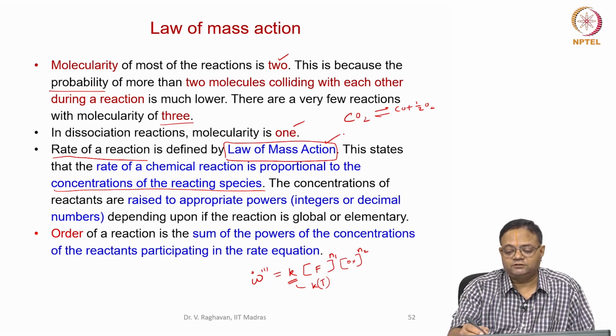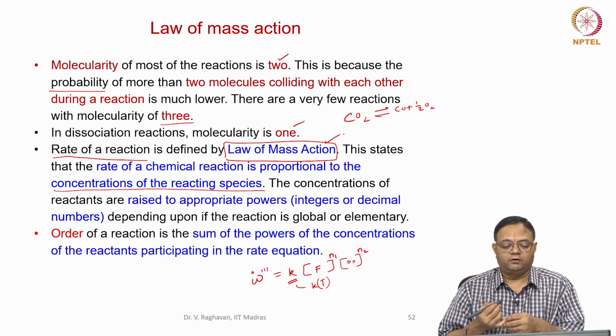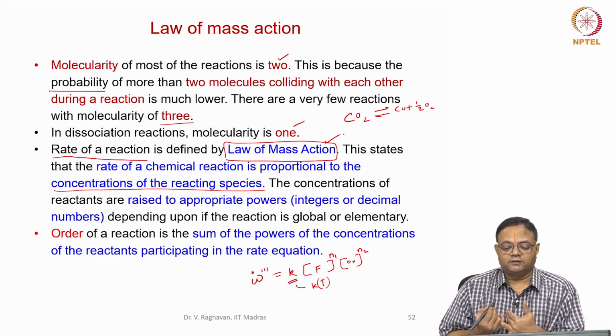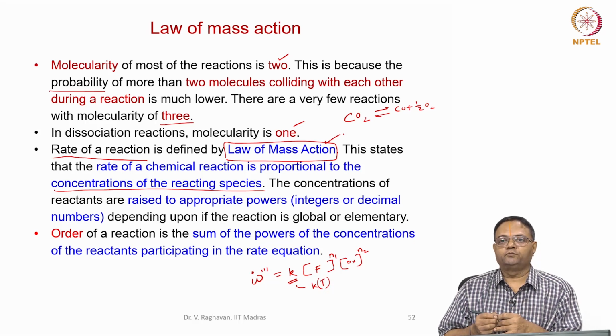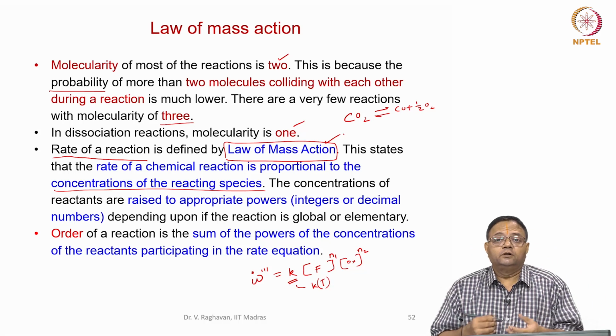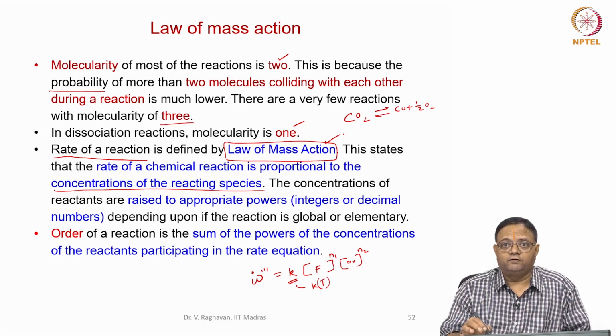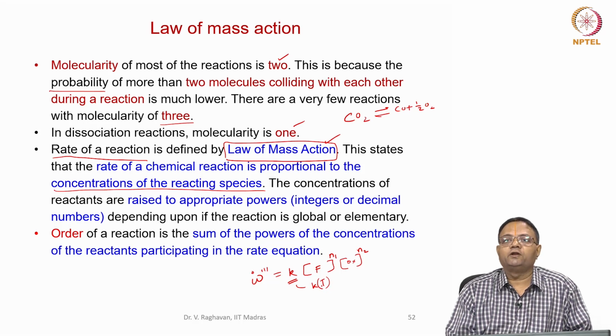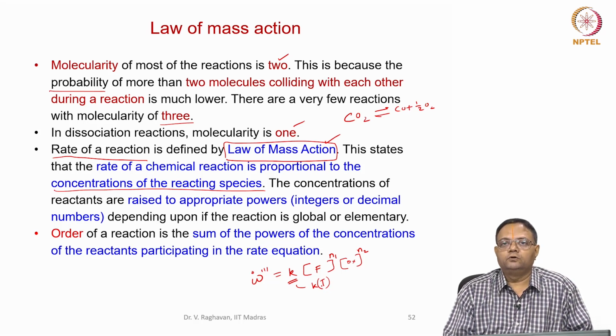What this statement says is that the chemical reaction rate is proportional to the concentration of reacting species, and the constant of proportionality itself is a strong function of temperature. That is what we are going to use for defining the rate of reaction.